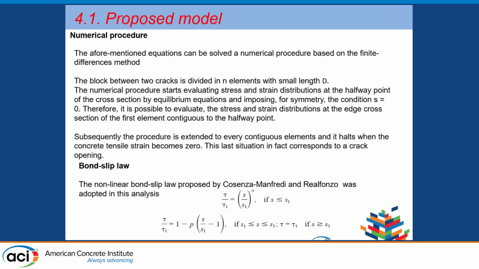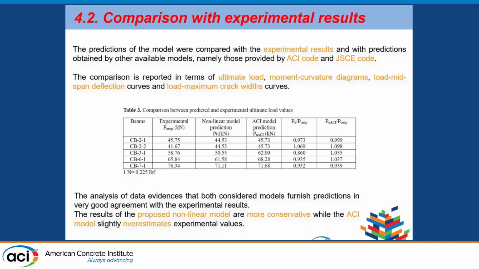So, we cannot say that they can be completely generalized, but these highlight the importance of performing experimental work regarding the topic. Then the analytical results were compared with the experimental data, both those presented by the author and those provided by the current design code. Regarding, for instance, the ultimate load, here we have the experimental results, the prediction using the nonlinear model, and the ACI model prediction.